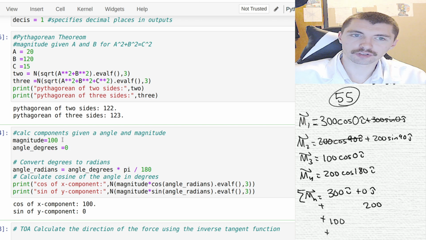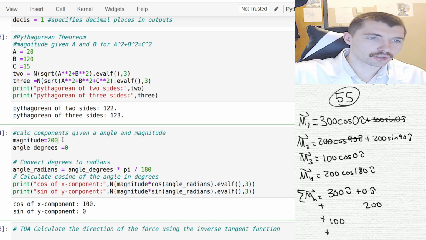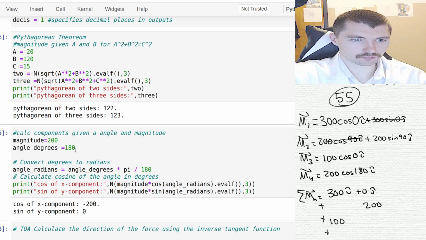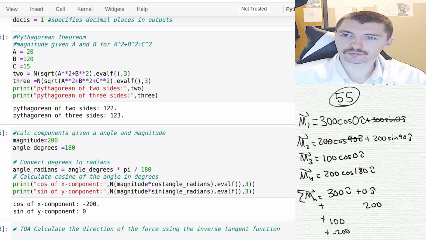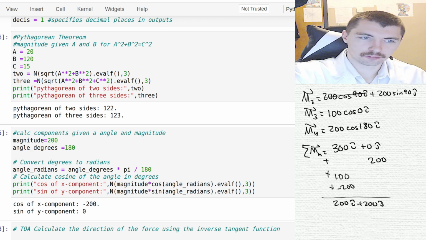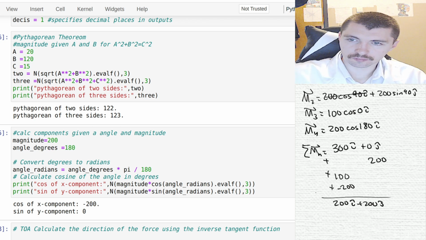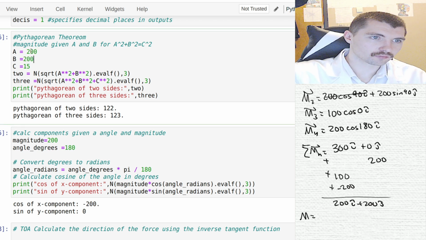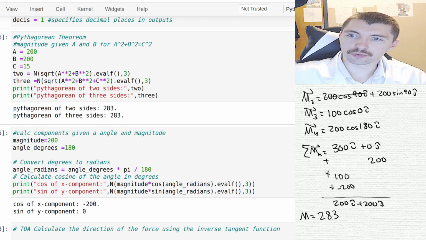Sorry. 200, 180. So 400 minus 200i plus 200j. The magnitude is 283.